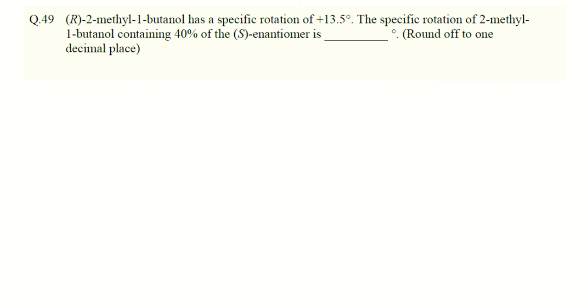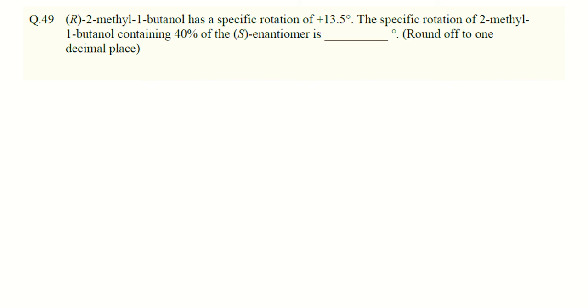Another question: here is a mixture of enantiomers, one the R isomer and another the S isomer. It is already given that one enantiomer is 40%, which means the other enantiomer should be 60%, total 100%.